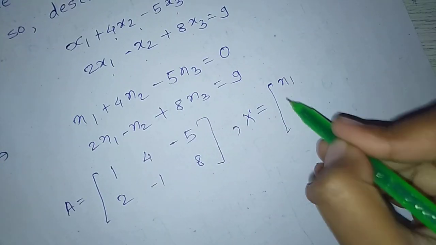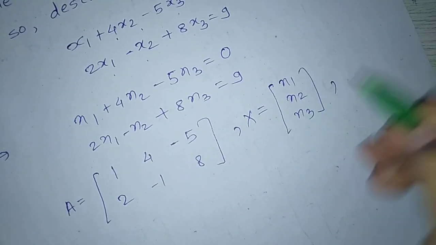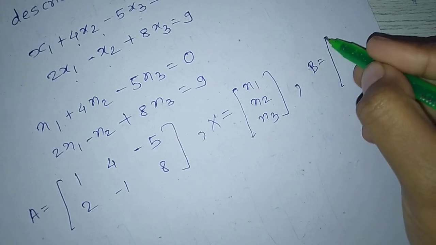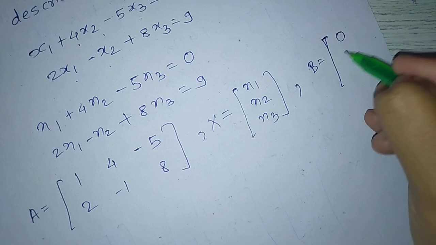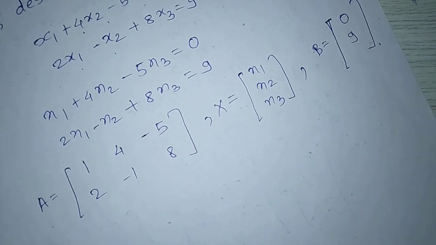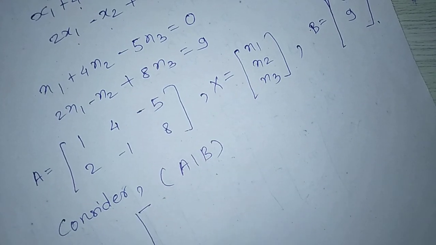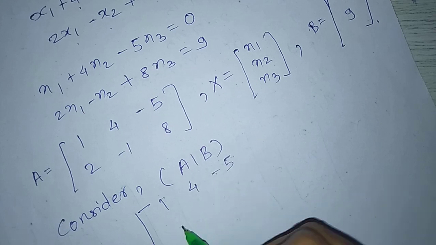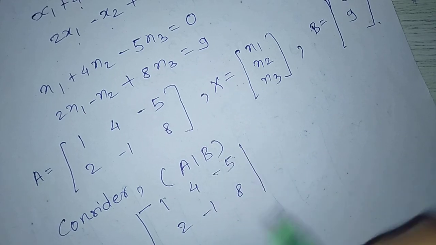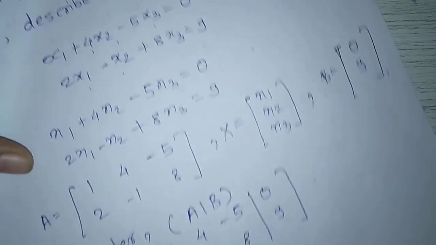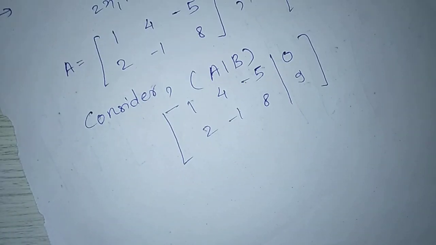Next, the column vector of unknowns x1, x2, x3, and the B matrix, which is the column vector of constants 0, 9. Now consider the augmented matrix [A | B], which is [1, 4, -5 | 0; 2, -1, 8 | 9]. Reduce it into row echelon form by using row operations.